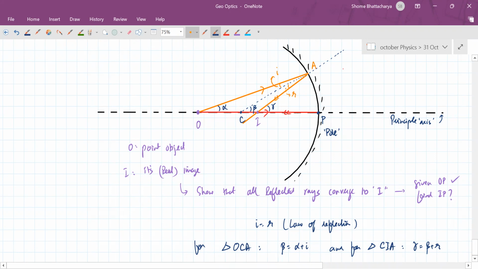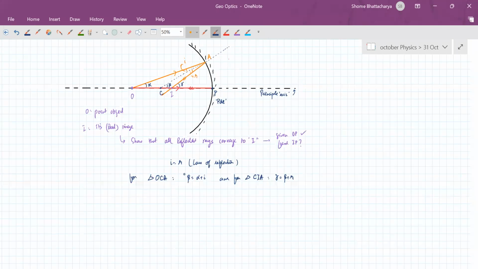That means irrespective of alpha and irrespective of the angle of incidence and reflection. We'll understand in a moment how that works. So let's say this is our equation 1, and this is our equation 2.